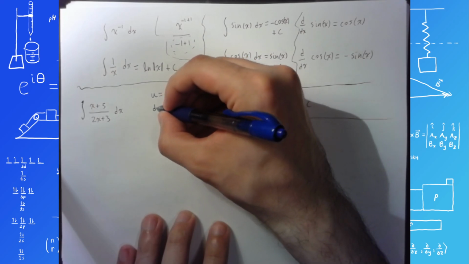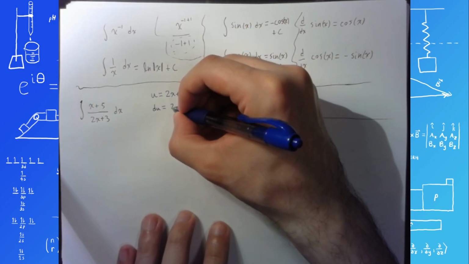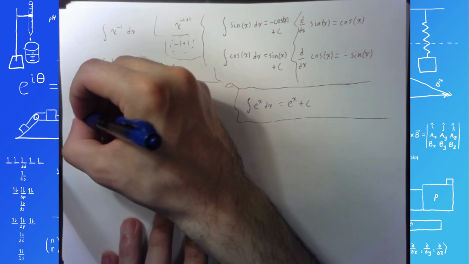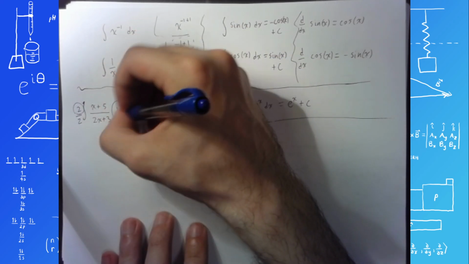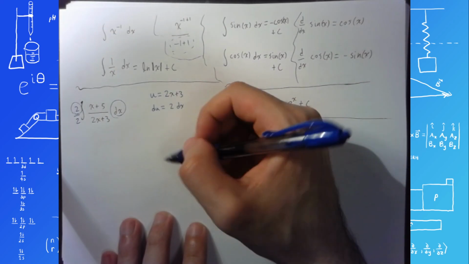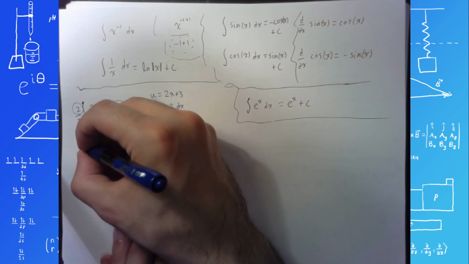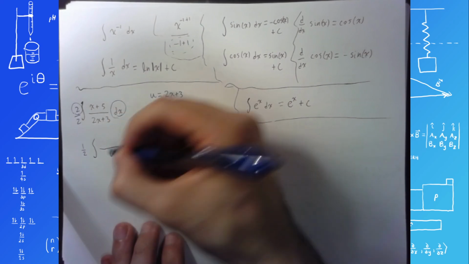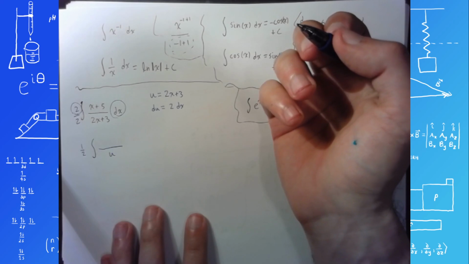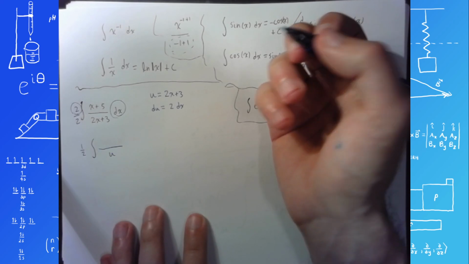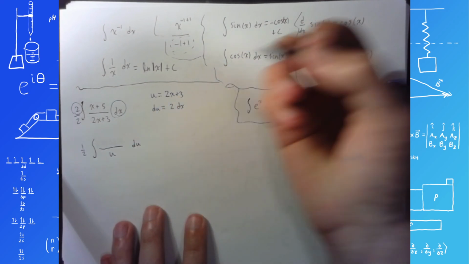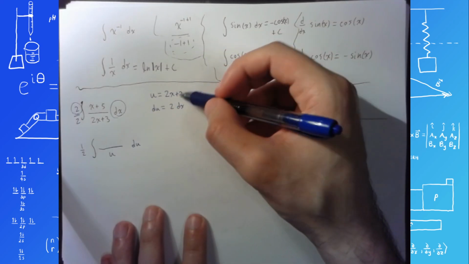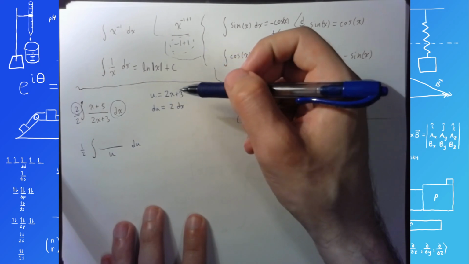So u equals 2x plus 3 gives me du equals 2 dx. I can multiply by 2 over 2 and take the 2 with the dx and replace that with du. So I get 1/2 integral, 2x plus 3 just becomes u, and then 2 dx, that's du. Oh, it might not actually be a natural log at all. X plus 5.